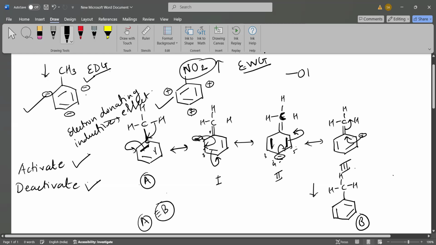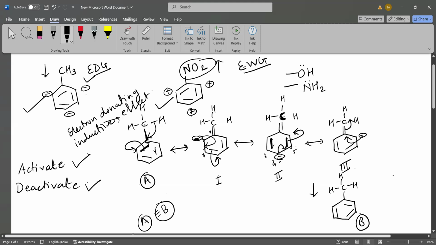If an OH group is present, it has a lone pair on it, correct? Yes, ma'am. It will donate the electron to form an oxygen and carbon double bond. If there would be NH2, an amine group, that time also it will form, correct? Yes, ma'am.